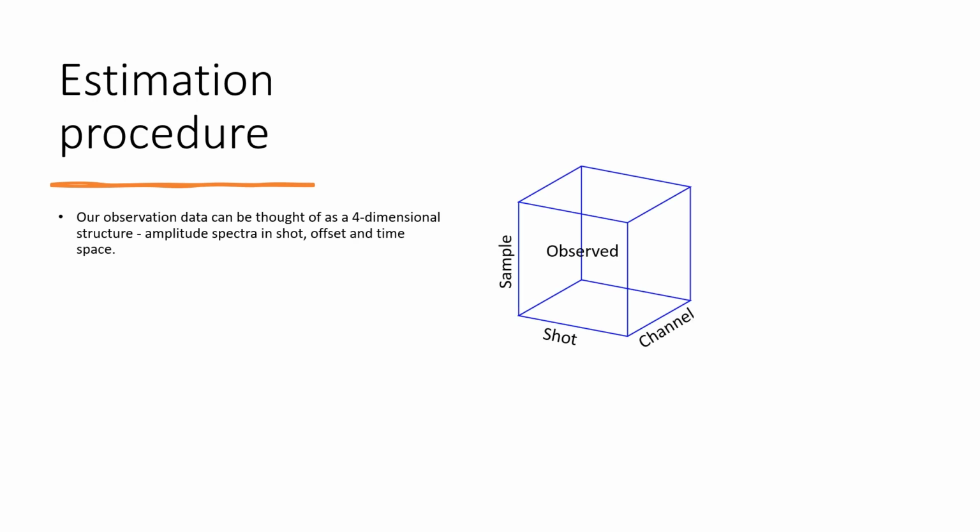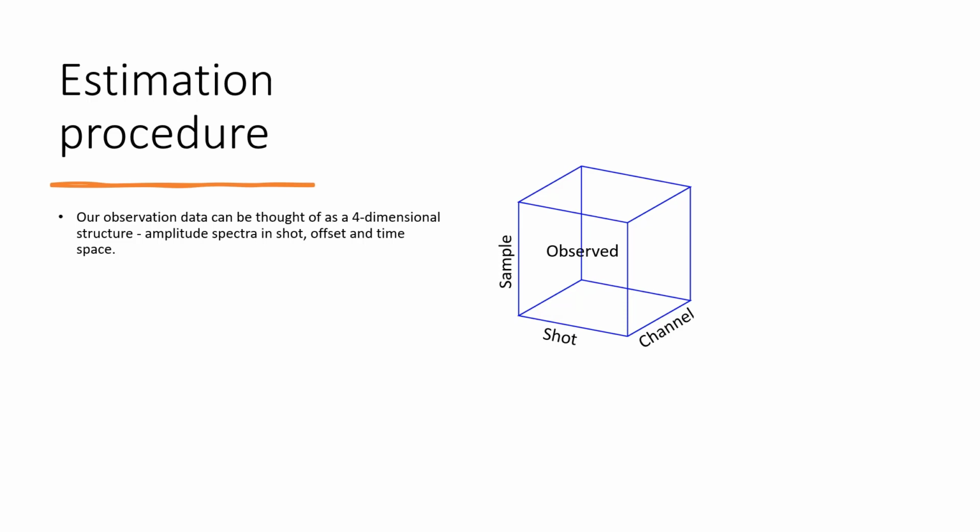So hopefully this doesn't get too complicated, but our observation data can be thought of as a 4-dimensional structure, which is the amplitude spectra in each of these points within this cuboid. So it's a vector of amplitude spectra in here, in sample, shot, and channel domain.